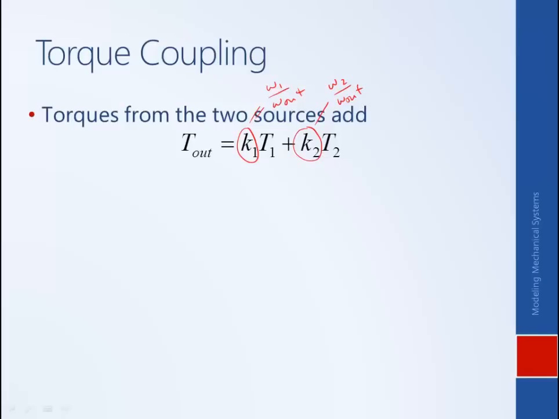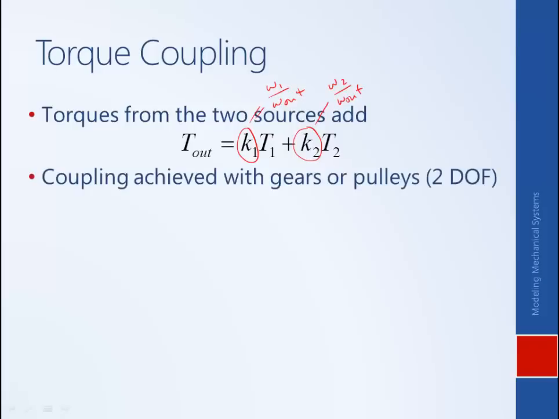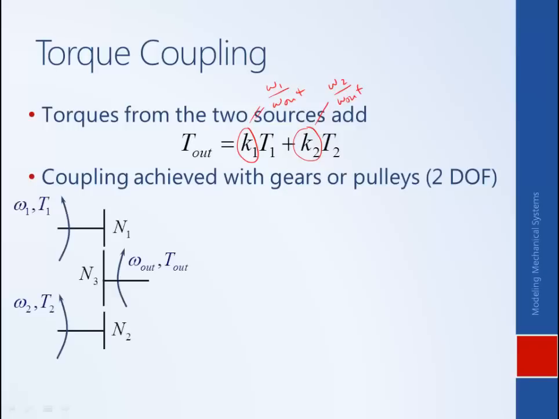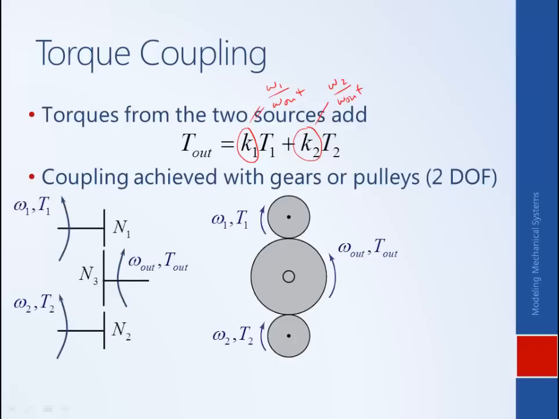And we'll understand these constants in terms of the geometry in a second. An example torque coupling device is a series of gears or pulleys like this. So for example, omega 1 could be a shaft connected to the IC engine, and that gear is pushing on the output gear, and then the electric motor could be attached to this gear N2, which is also in essence pushing on the output gear.